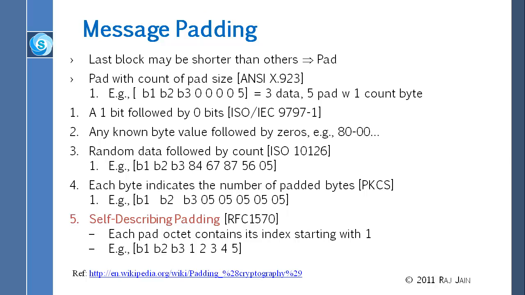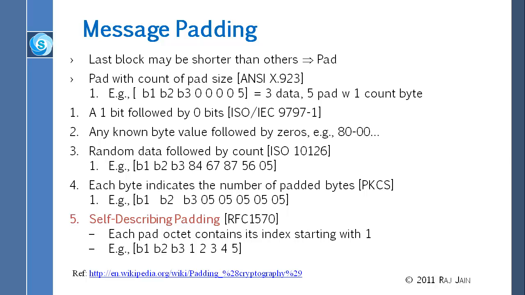So these are some of the methods. One is that you just put zeros and then the count of the bytes added. So in this case, a 3-byte message and 5 bytes of padding, and the last byte is the count. In another standard, they say just one bit, a 1 followed by all 0 bits.